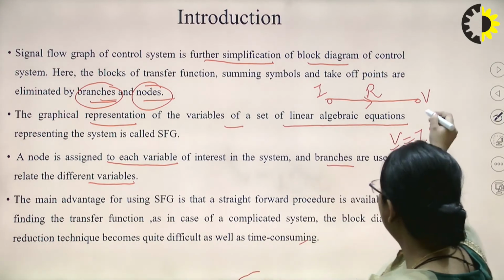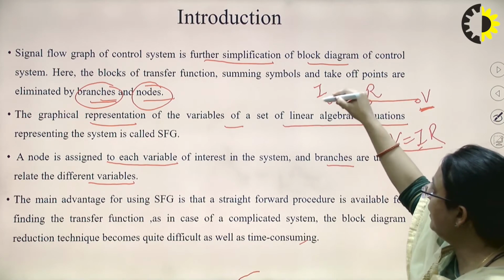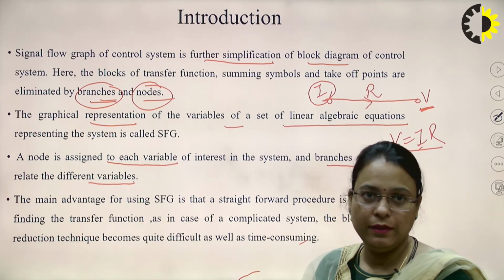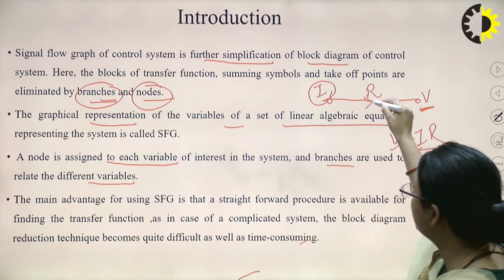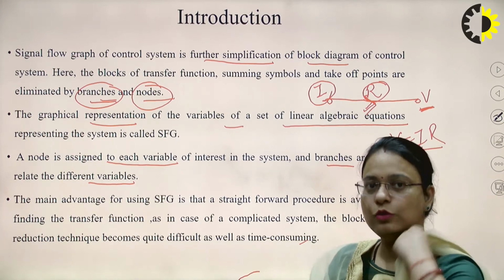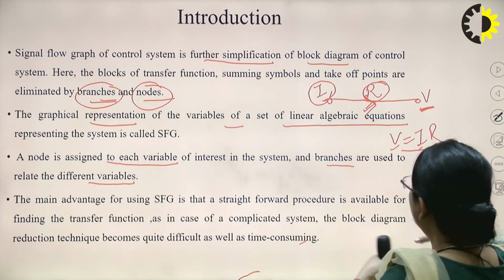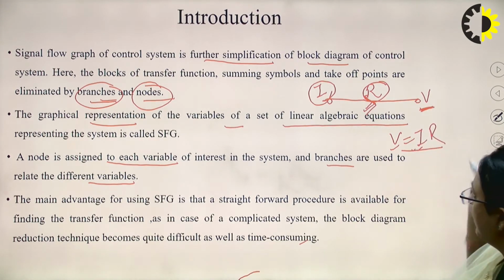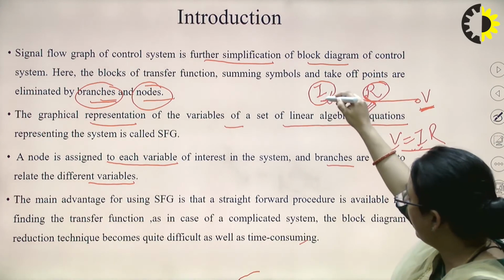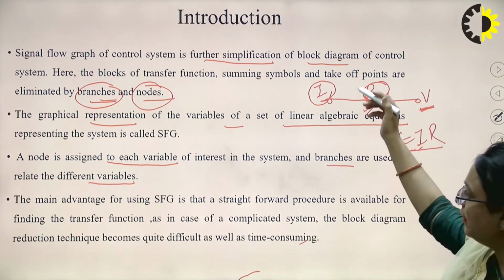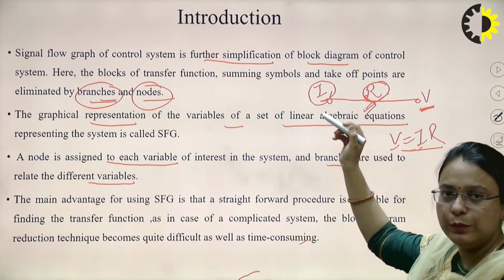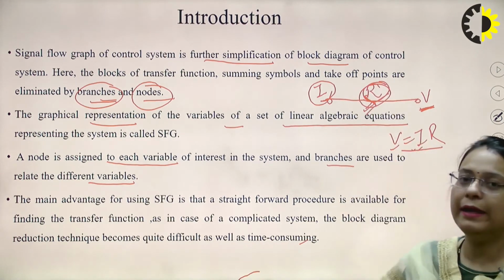You can see here that the variable V is dependent upon the current I, and these are connected through this transmittance, or gain, called R. So we can easily write V equals I into R. When a signal from any node goes to another node, it gets multiplied by its gain.